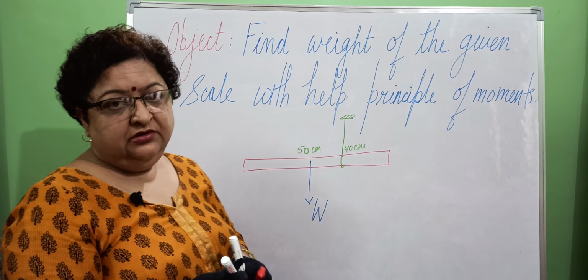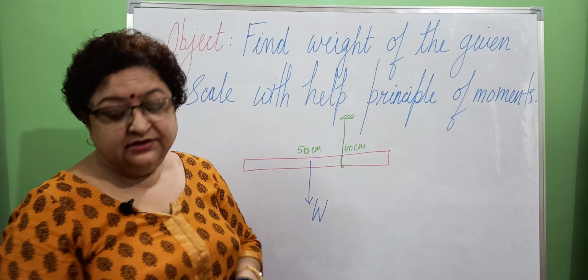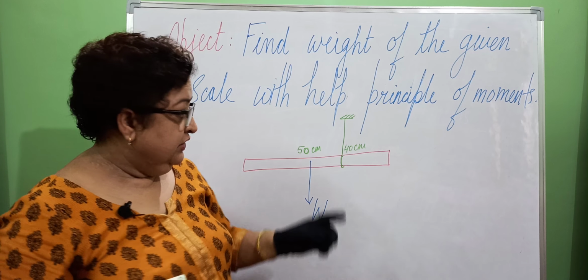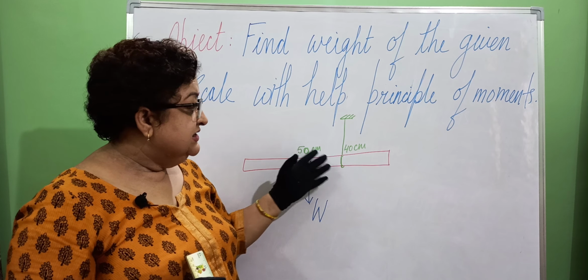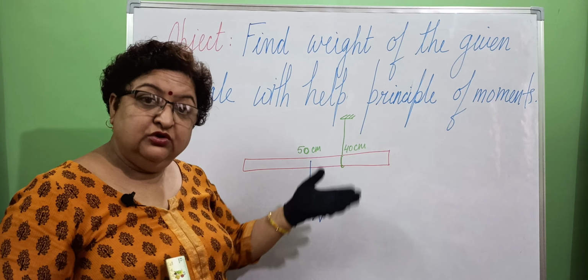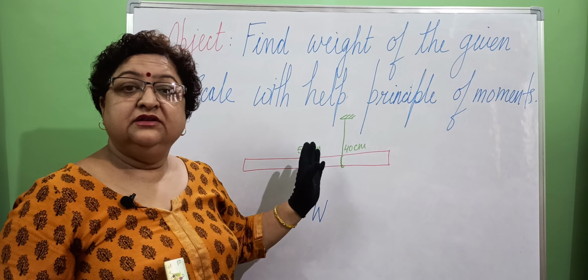Now do you know what is the point of rotation? Now the point of rotation is this point of suspension. This scale will try to rotate about the point of suspension.